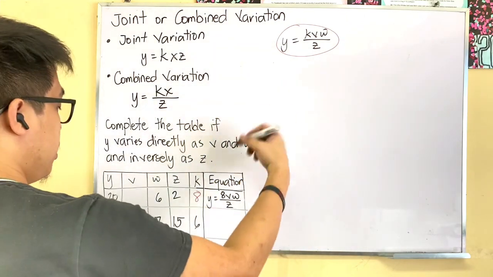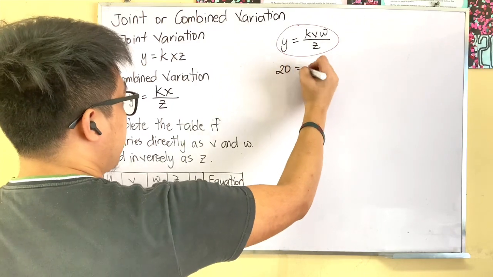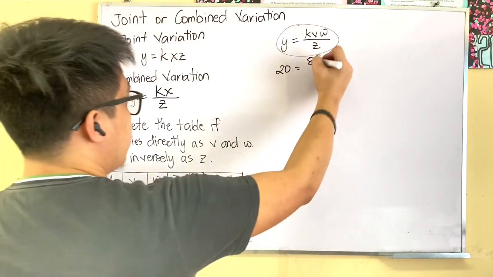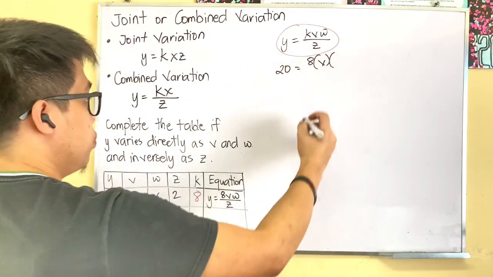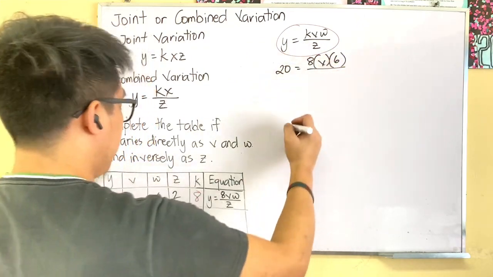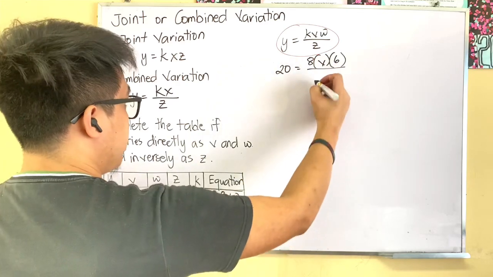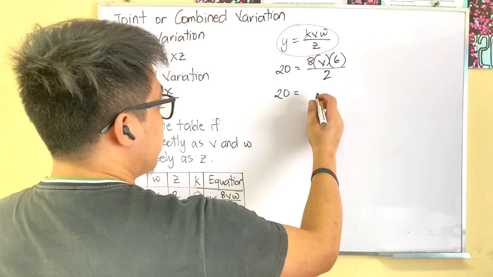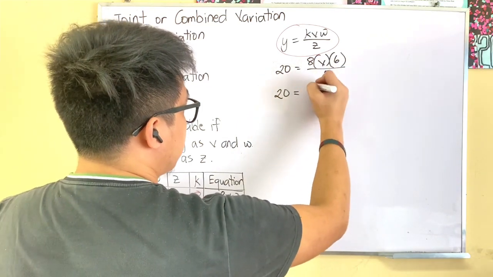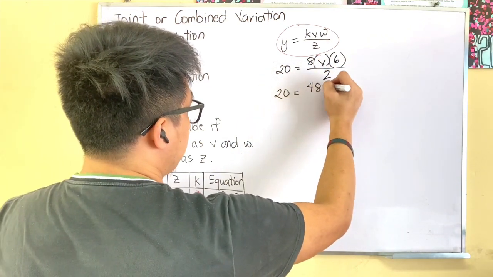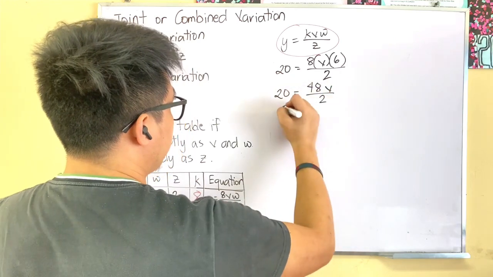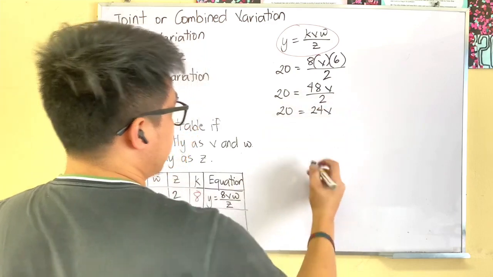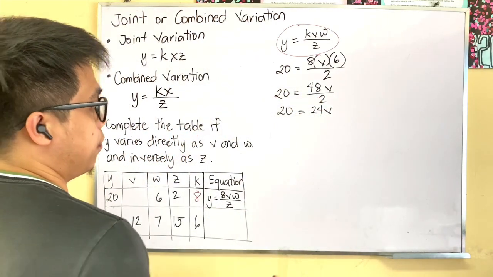So, substitute lang natin siya sa equation. Y is 20, K is 8, times V, which is unknown, times W, which is 6, divided by Z, which is 2. So, by simplifying, 8 times 6 is 48V all over 2, and 48V is 24V, since 48 divided by 2 is 24.